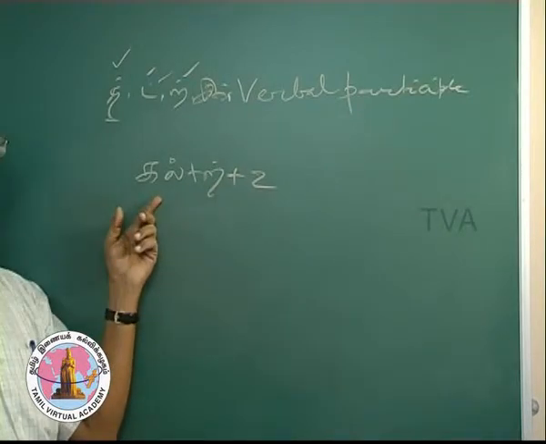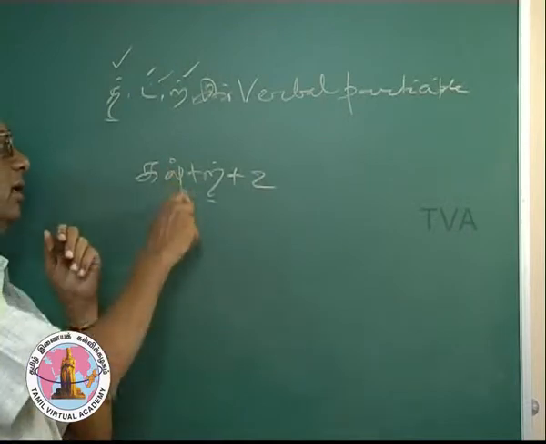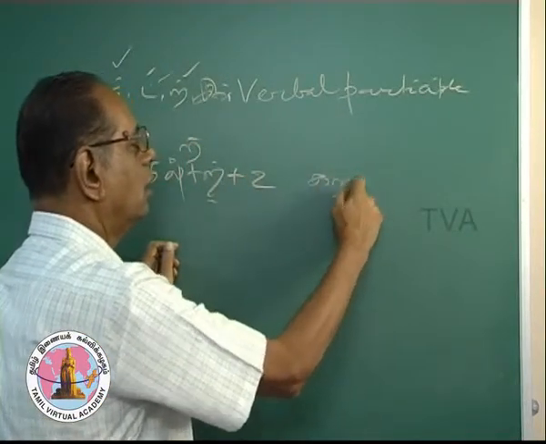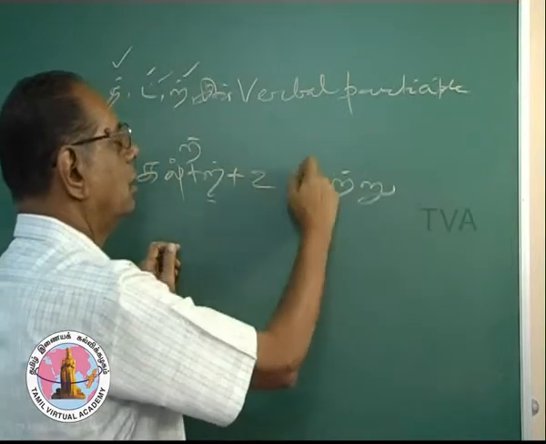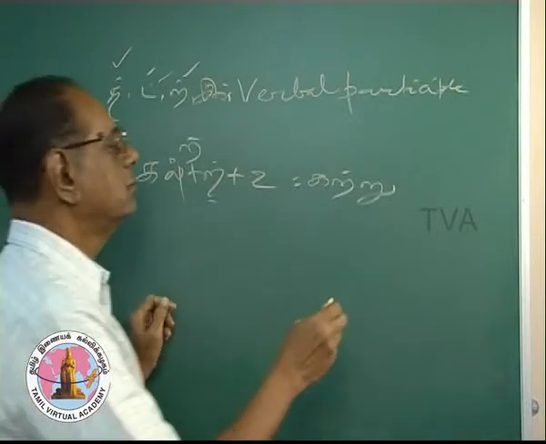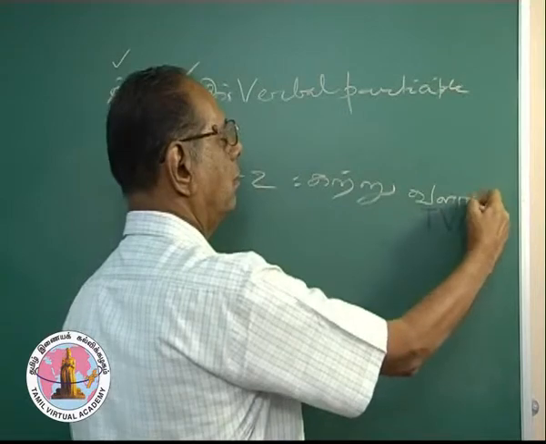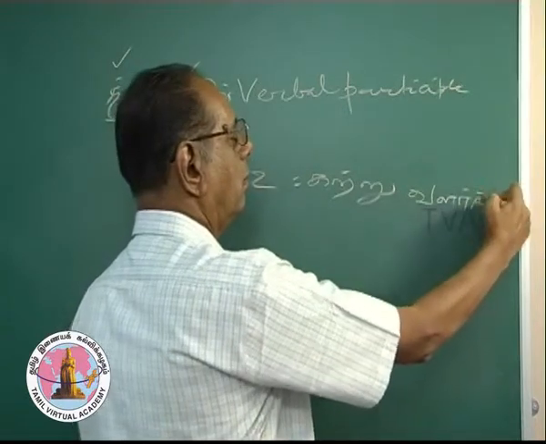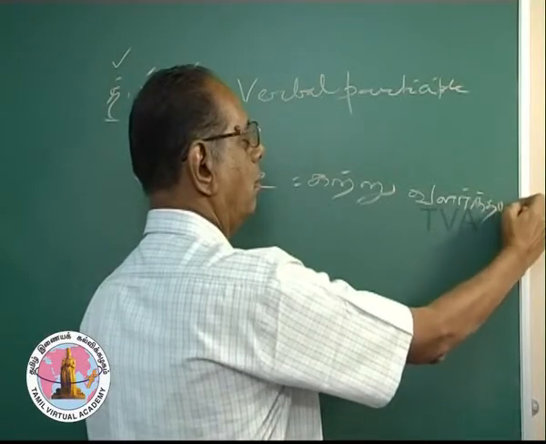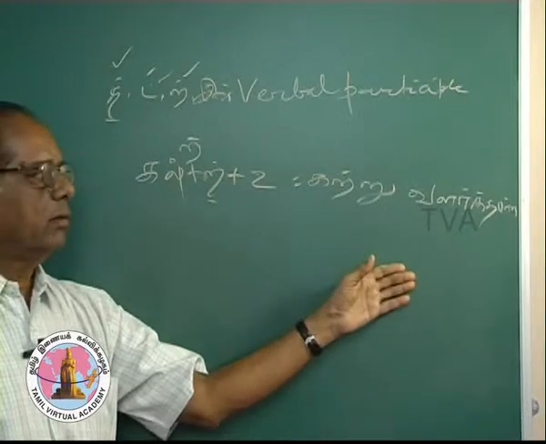Kal, to learn. It accepts r and undergoes a change. Katru, having learned. Katru valarndan.